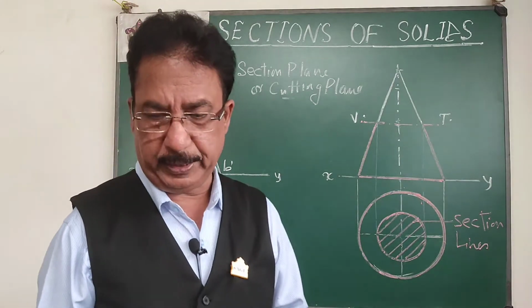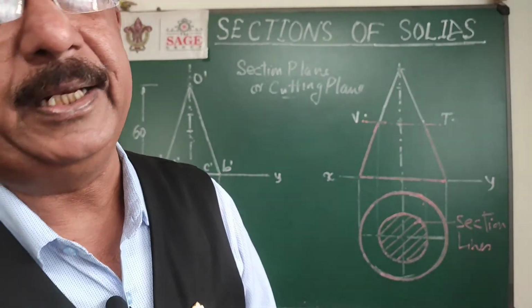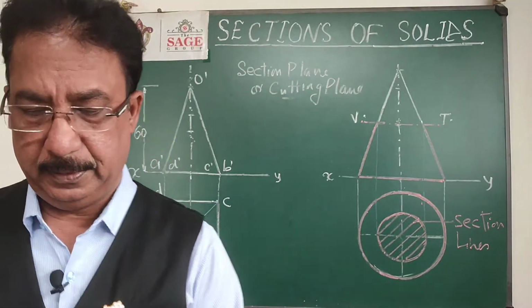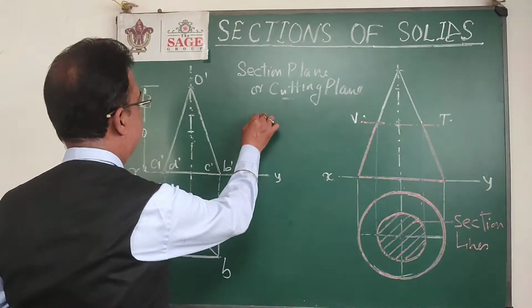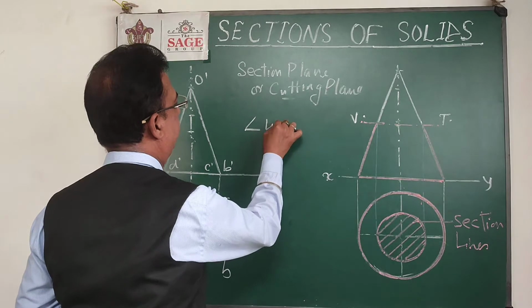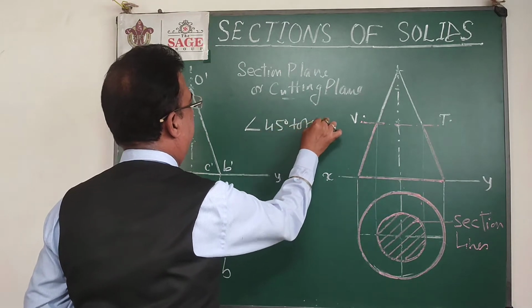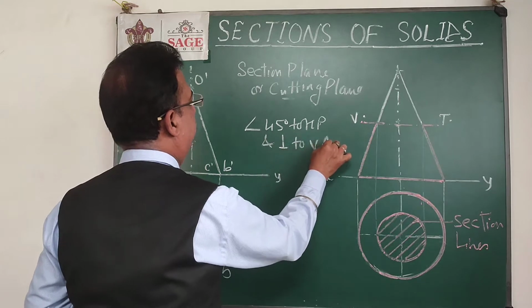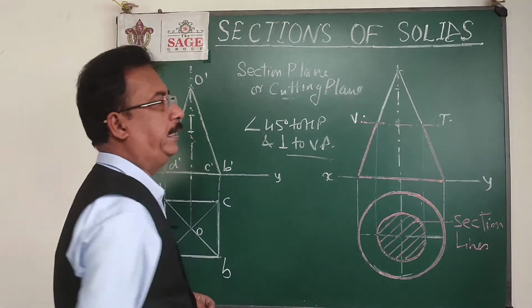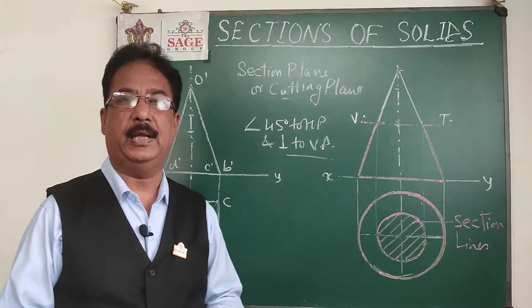And this time I am going to use a section plane which is inclined to HP and perpendicular to VP. Suppose it is inclined 45 degrees to HP and perpendicular to VP. As you know, whenever a section plane is perpendicular to VP, in the front view it looks like a line.